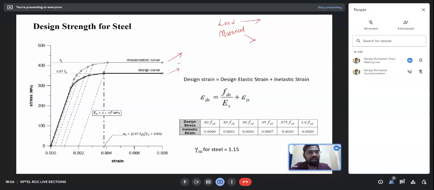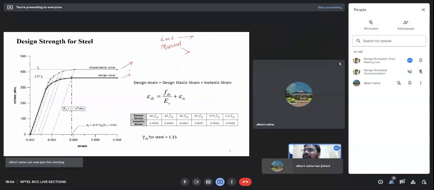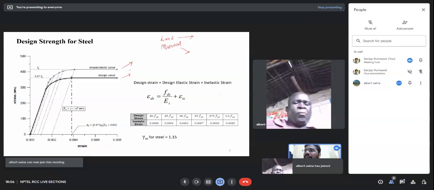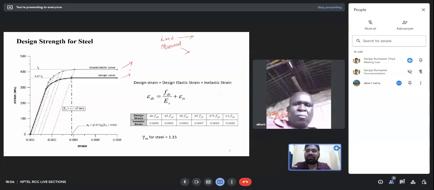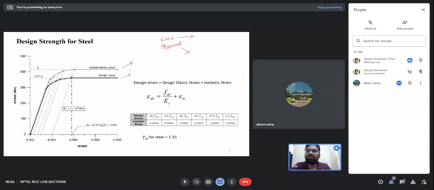With the material characteristics, to apply the partial factor of safety we divide the characteristic strength by the partial factor of safety. So I have just started with the concepts of partial factor of safety.